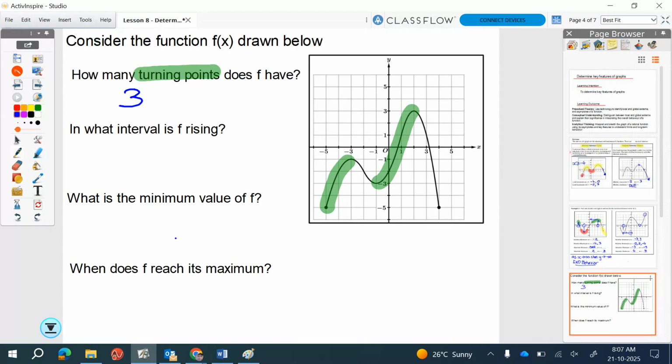If you want, I'm going to explain it a little bit. You have a strict definition. A strict definition of a rising interval will include endpoints, because technically, a function cannot be rising at any single point. A function can only be rising over an interval, because in order for it to rise, the x values have to change so that the y values change.